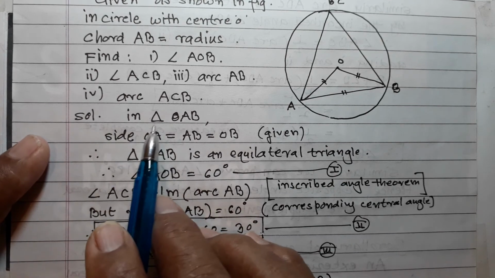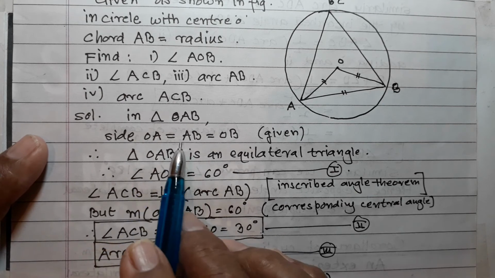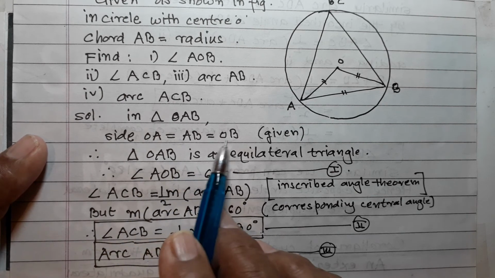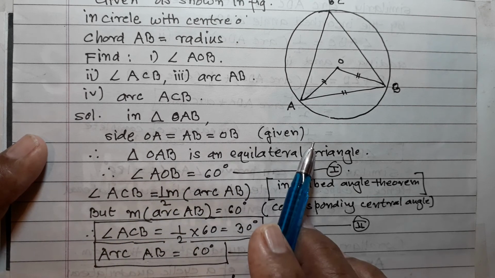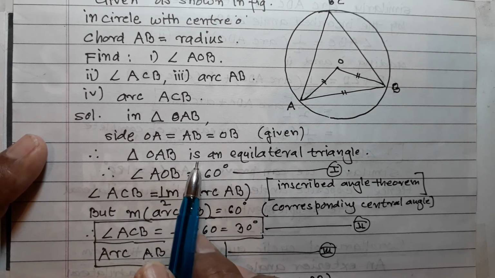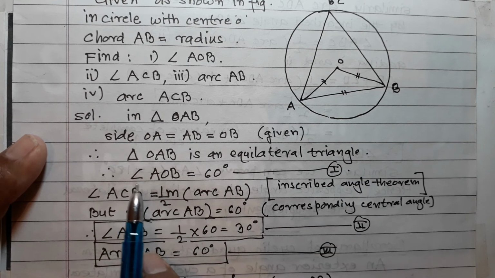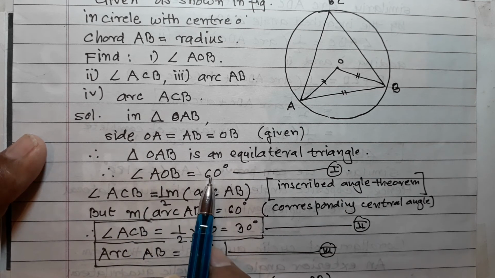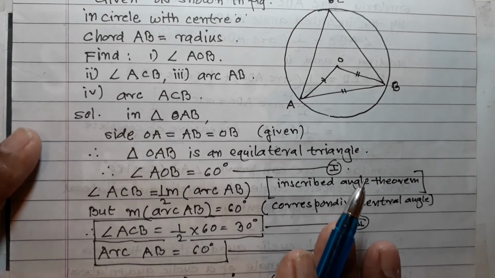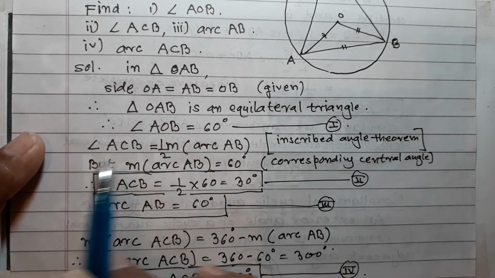Now try to understand the solution. In triangle OAB, side OA is equal to AB is equal to OB, given, and therefore triangle OAB is an equilateral triangle, and therefore angle AOB is equal to 60 degrees.